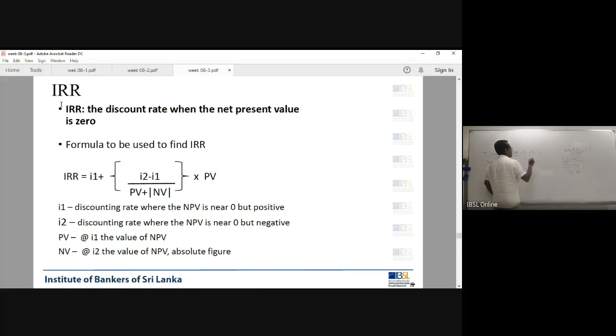I1 divided by positive NPV value plus absolute figure of negative NPV value, into the positive value. Right?